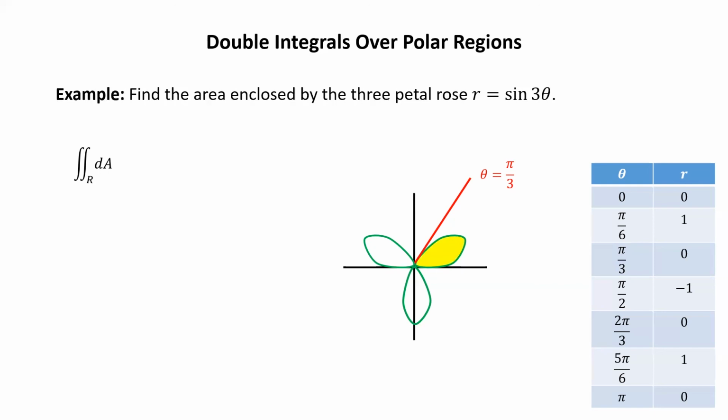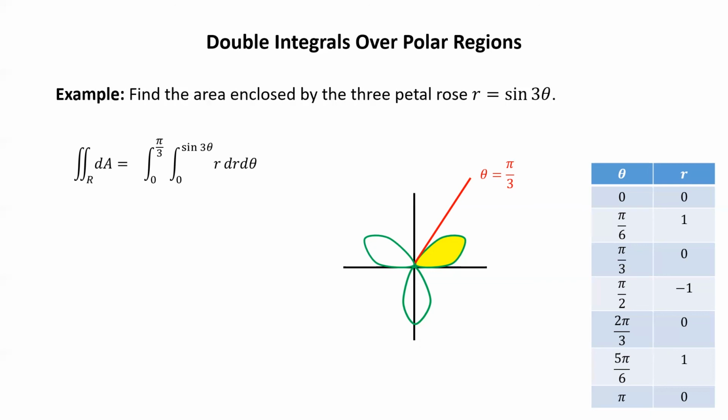So I'm just going to look at this first petal in the first quadrant and set up an iterated integral to do that. We're going to take the integral only from 0 to pi over 3, because again, theta equals pi over 3 closes out that first petal of the rose. And then we're going to go from 0 to sine 3 theta, right?